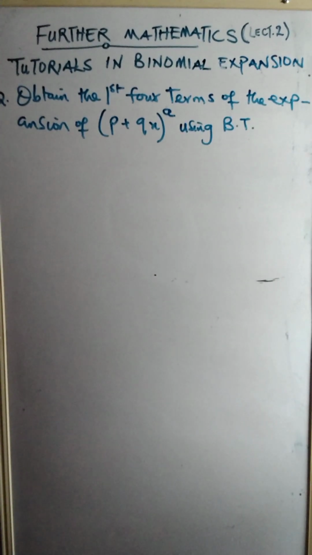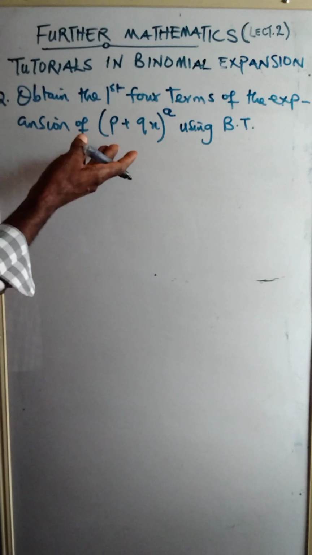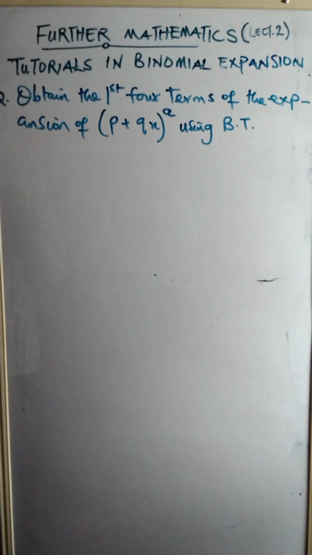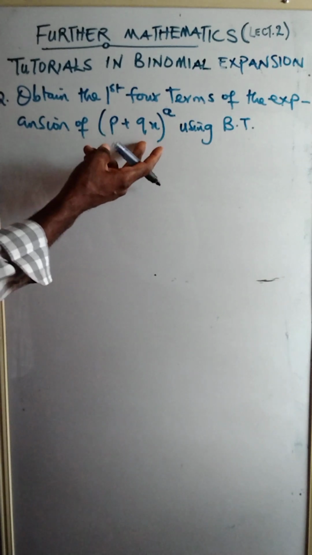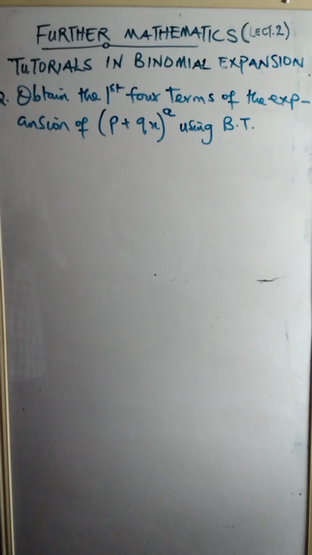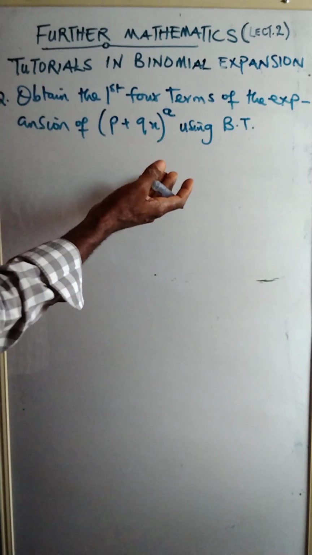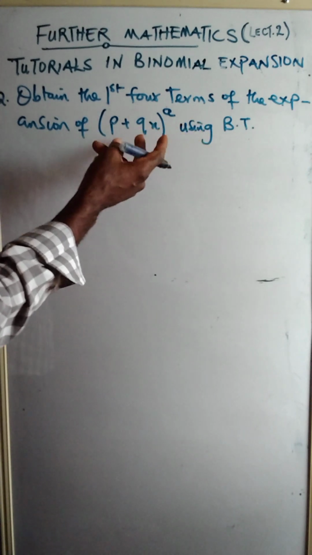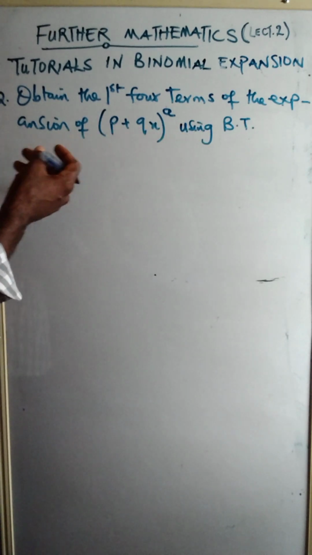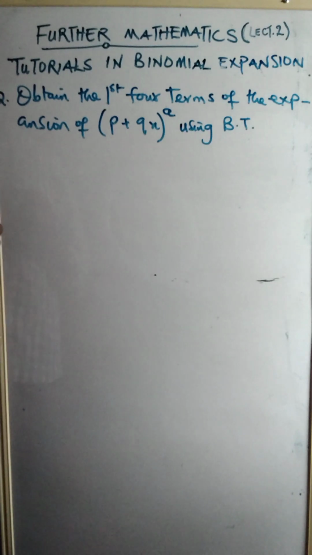So another case is this before us. Here, instead of using figures, they are using alphabets, but it's still the same approach. The instruction says the first 4 terms of this expression if expanded, and then we are to use binomial theorem.